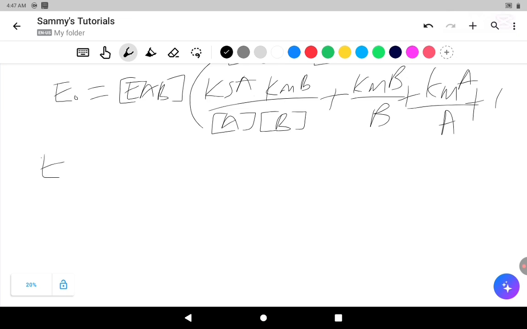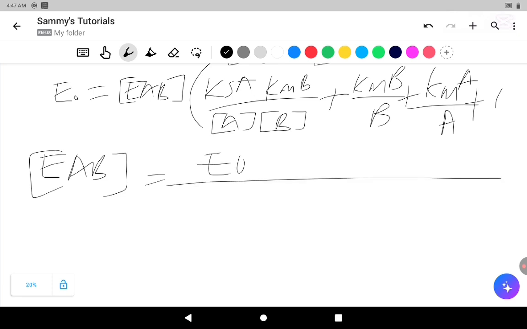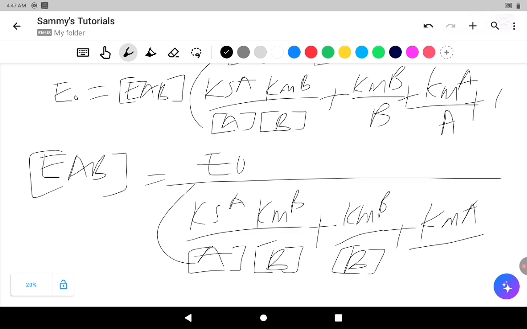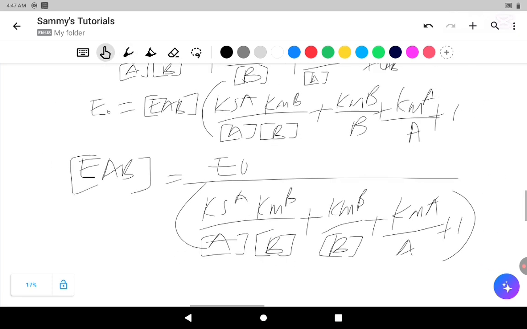What you now have is EAB equals to E naught all over KSA times KMB all over A times B plus KMB over B, okay, plus KMA over A plus 1. So this is what you have.